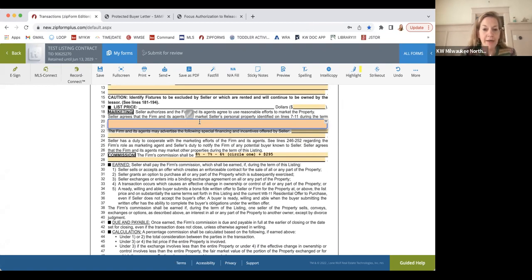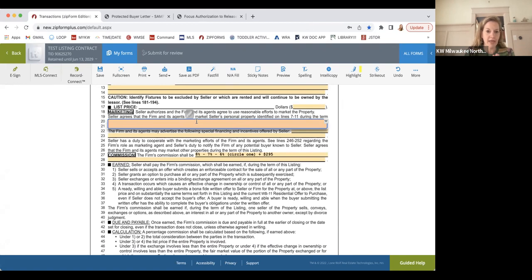So, this could include social media, internet, third-party internet sites, open houses, print material. You can go through and list every single type of marketing effort that will be made.